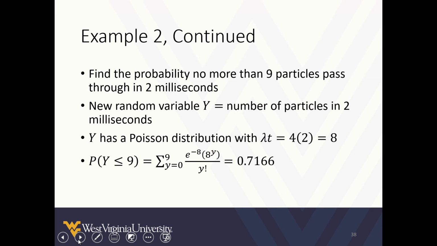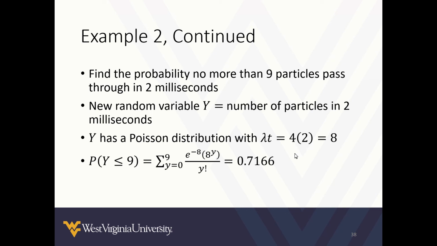Okay, so let's take a look at this example continued. Let's find the probability that no more than 9 particles pass through in 2 milliseconds. So now we have a new random variable y, which is the number of particles in 2 milliseconds. In this case, y would still follow the Poisson distribution with a lambda t of 4 times 2.